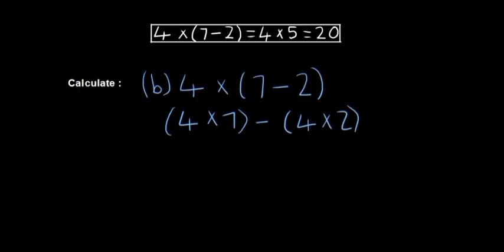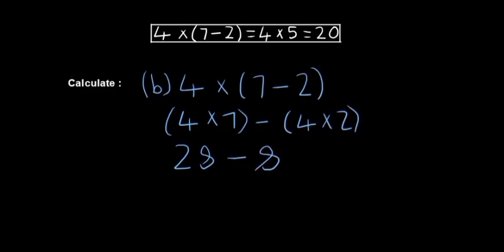On the first part, we're going to multiply the 4 by 7 to get 28, and then we're going to multiply 4 by 2 to get 8.